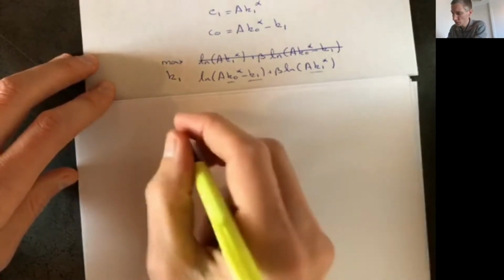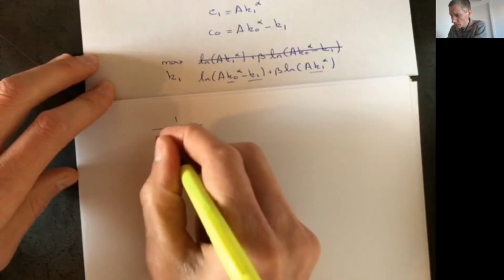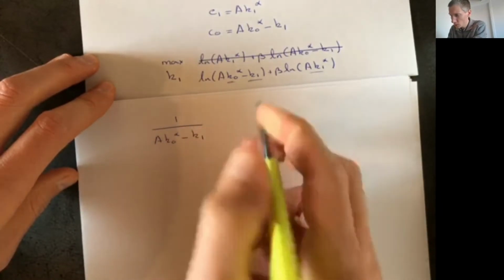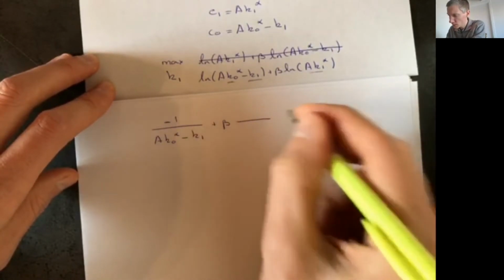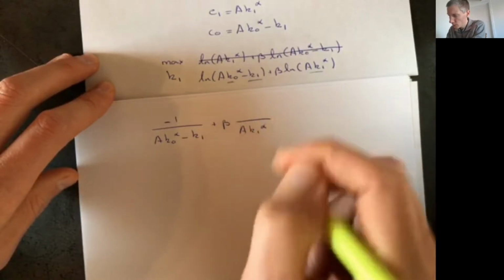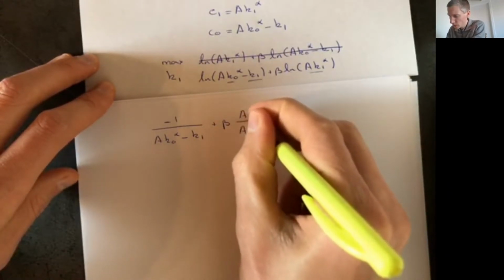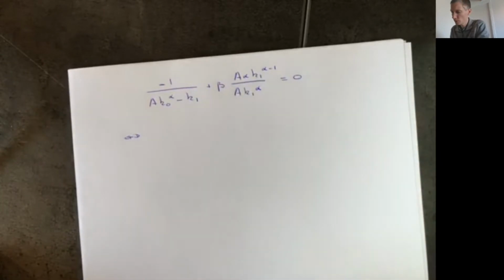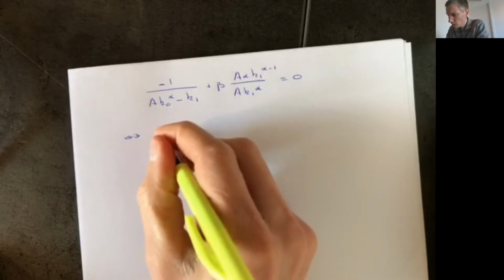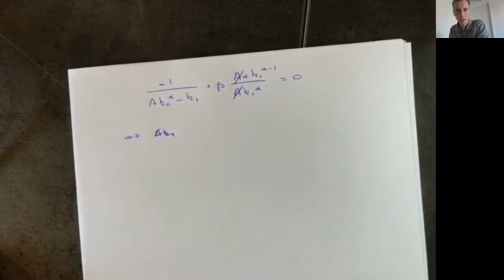So the first order condition here is going to give me 1 over A K0 alpha minus K1, and then the chain rule is going to change this as minus 1, plus beta, and then 1 over A K1 alpha, and then the chain rule A alpha K1 to the alpha minus 1, and this expression is equal to 0. Right, we can put this to the other side, get rid of the denominators. Okay, so maybe first simplify here. The A drops out.